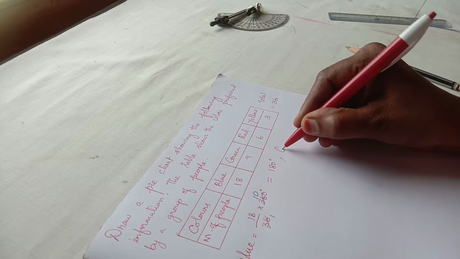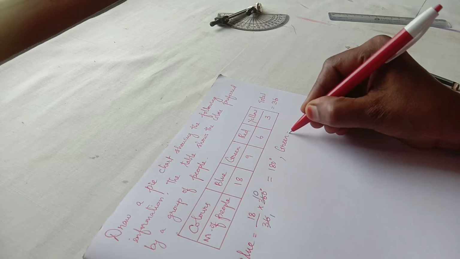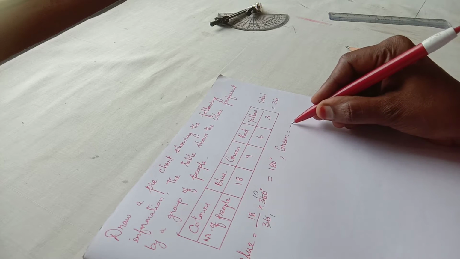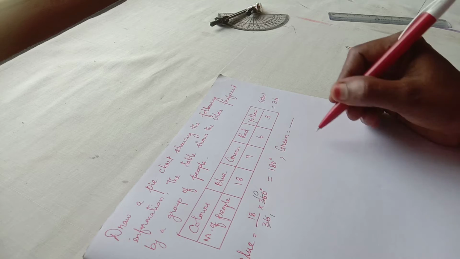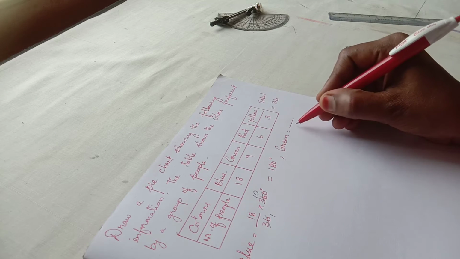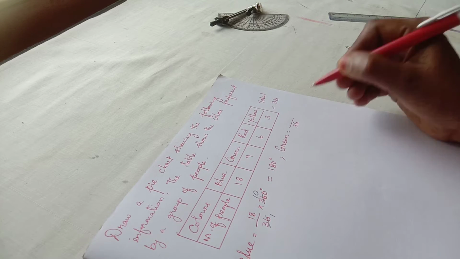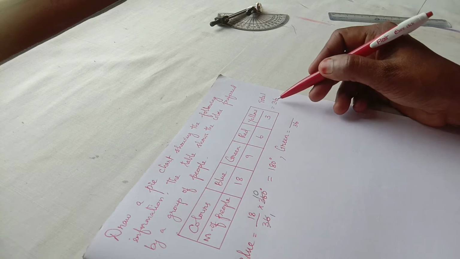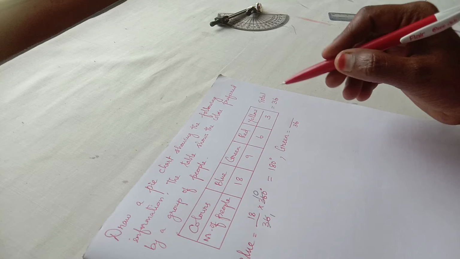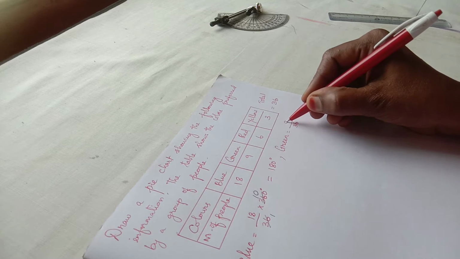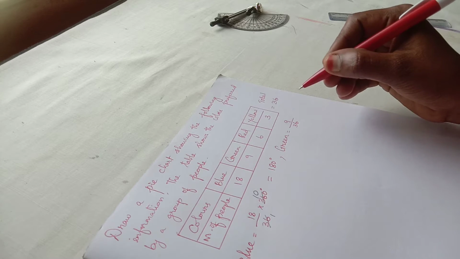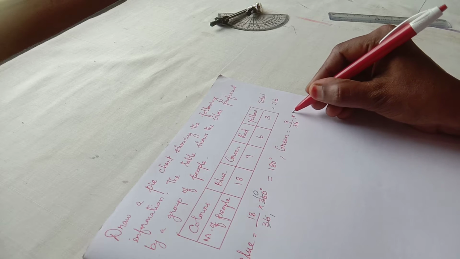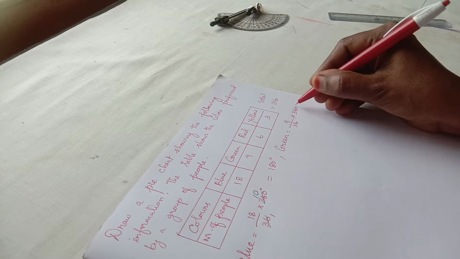So for green color, as usual, very first step, write in fractional form. The denominator represents the total number, so the denominator is 36. Then for green how many people? 9. We framed it in fractional form. Then multiply the fraction by 360 degrees.